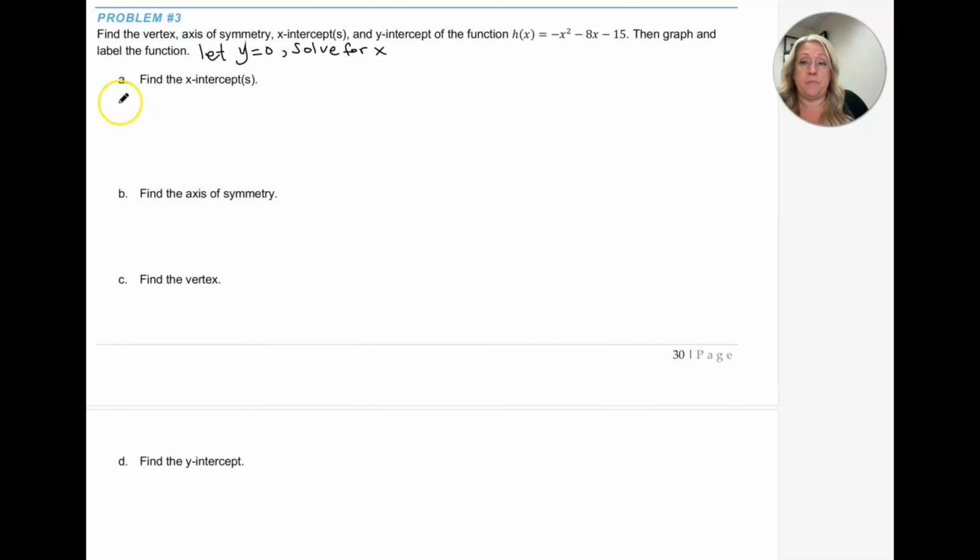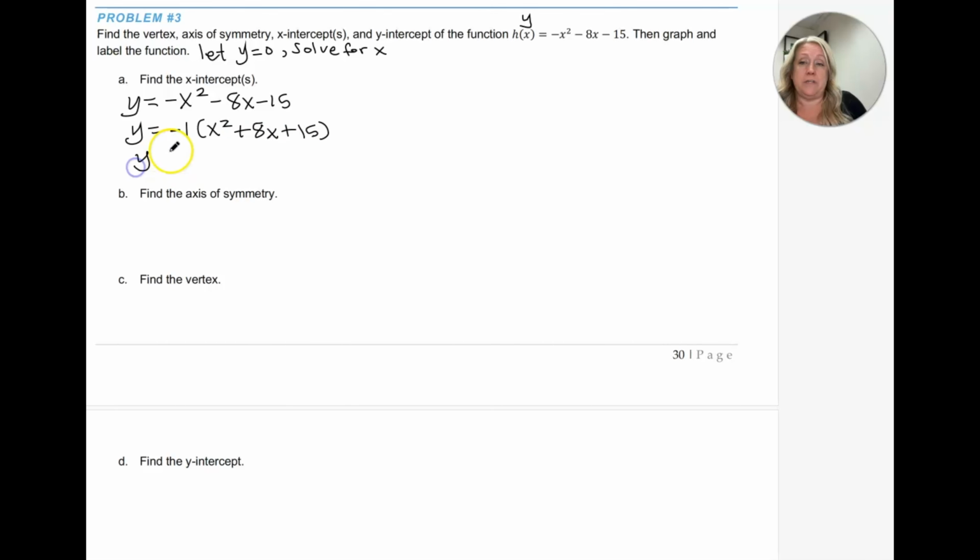So I'm going to go ahead and call h of x y and write this as y equals negative x squared minus 8x minus 15. And then I can factor out a negative 1, which will leave me x squared plus 8x plus 15.